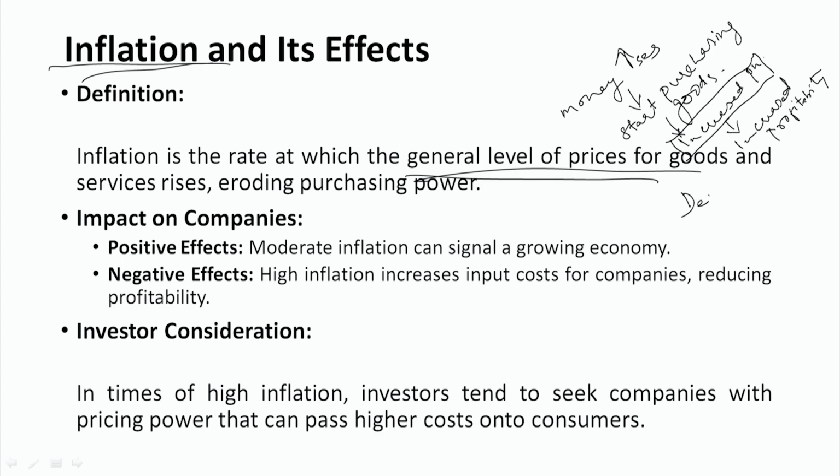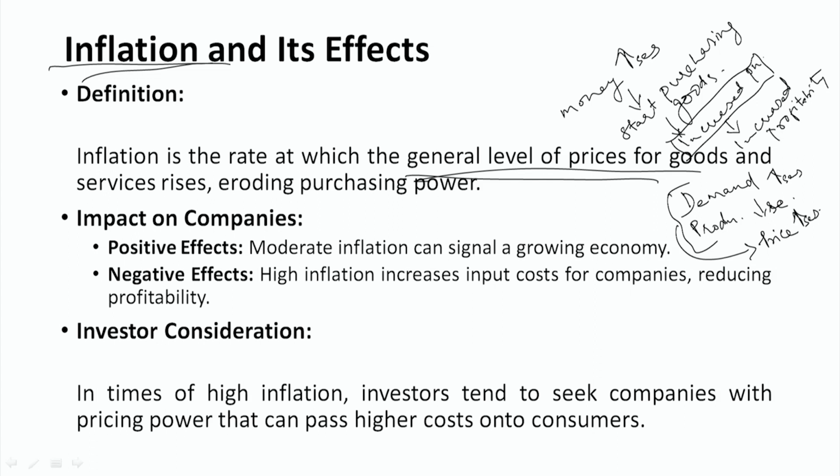The demand increases and production is either less or constant. So what will happen? The demand is increasing, production is decreasing, which means the price level will go high. Price increases.